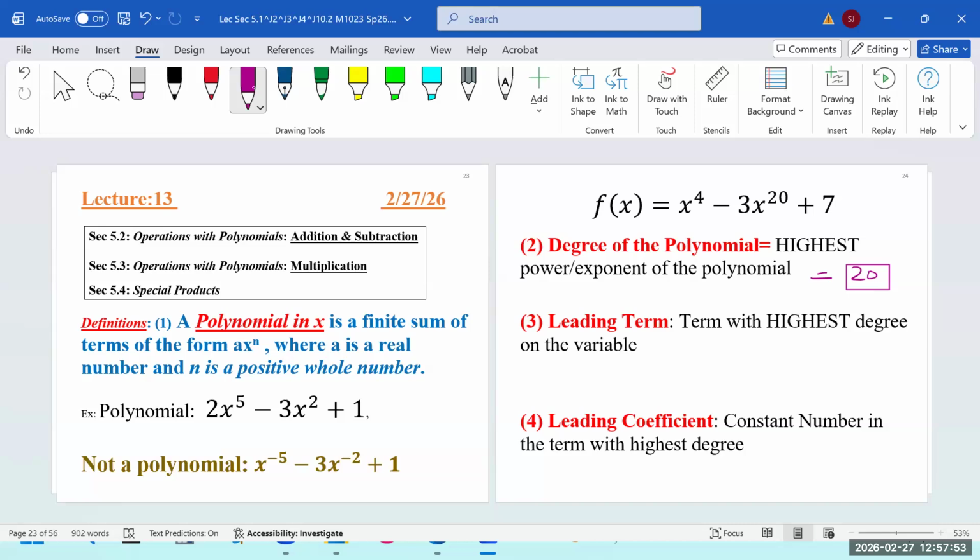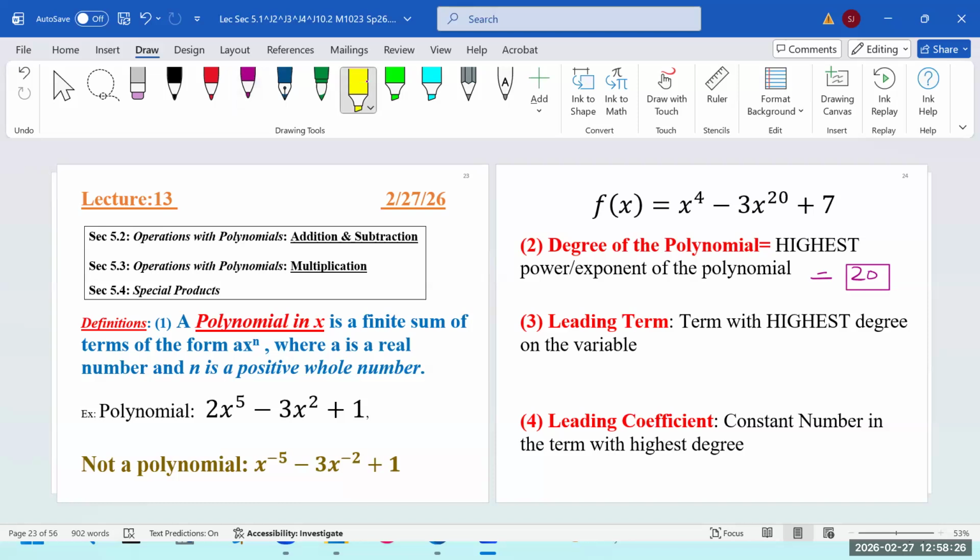And then term means on the left or on the right, you have signs, addition, subtraction, no multiplication, no division. So this polynomial has 3 terms. One is x to the 4, the second one is negative 3x to the 20, and the last one is 7. These are terms. So whichever term has the highest degree, we call it leading term.